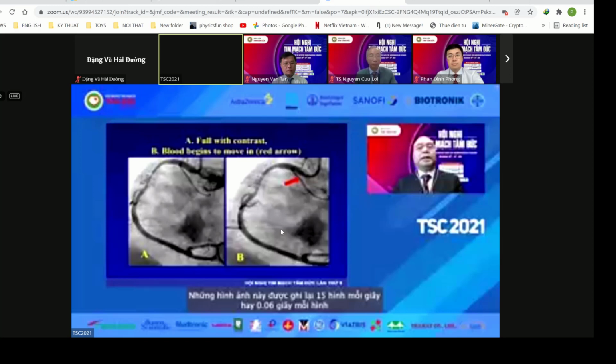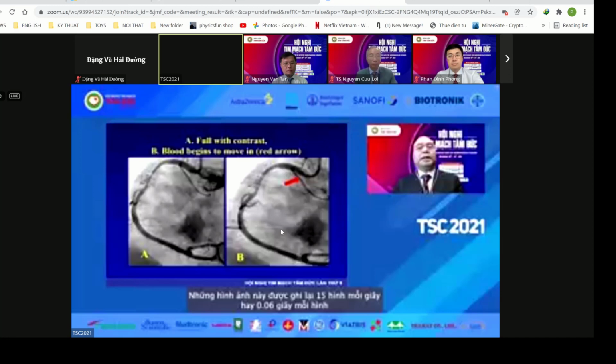Even as the flow moves forward, we still see the contrast stagnant at the mid-segment of the right coronary artery. This is the area of turbulence, and this is the cause of intimal injury starting the formation of coronary plaque.